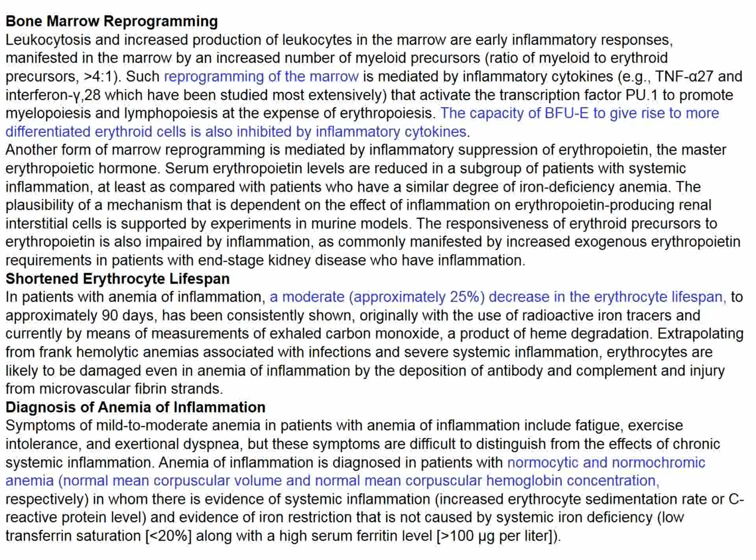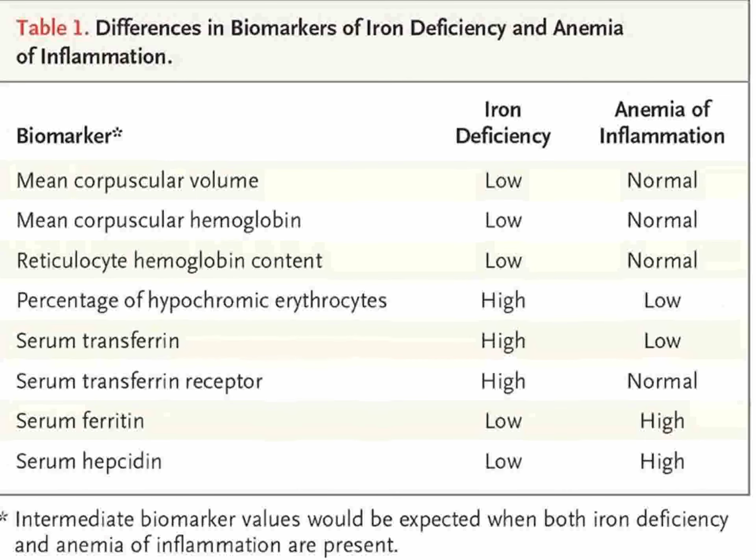And the diagnosis is really fairly straightforward. We see here comparing iron deficiency anemia to the anemia of inflammation or chronic disease marked differences in mean corpuscular volume, mean corpuscular hemoglobin, reticulocyte hemoglobin content, the percentage of hypochromic erythrocytes, serum transferrin receptor, serum ferritin, and serum hepcidin levels.